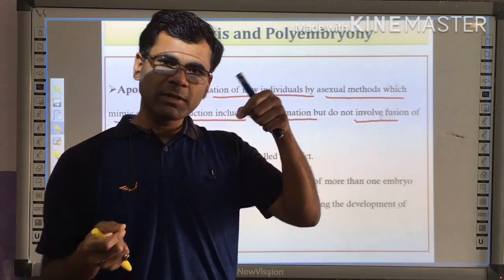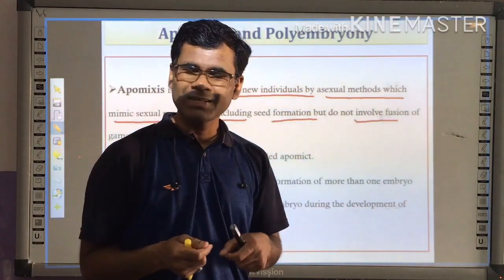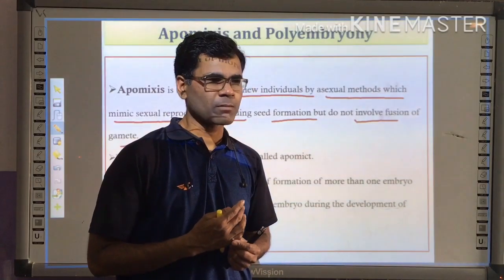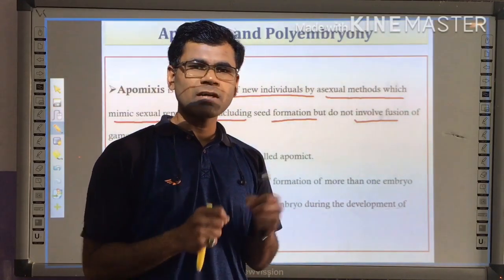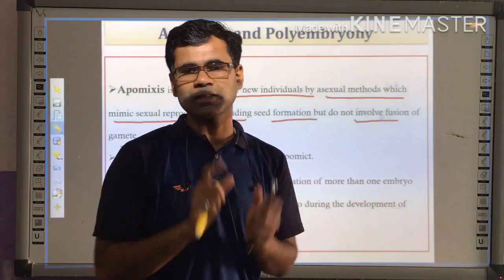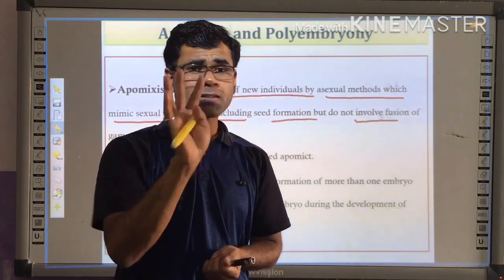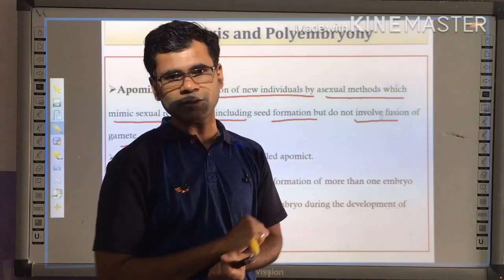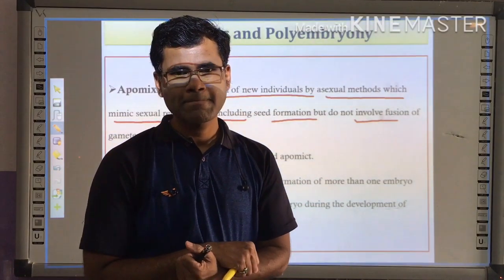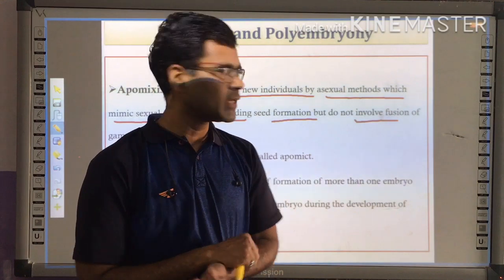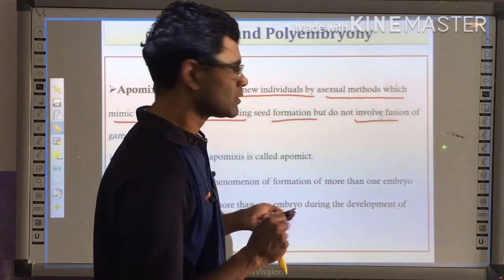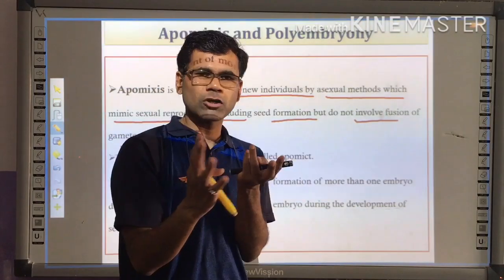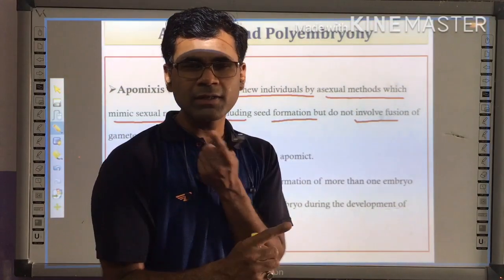Okay, so seed formation takes place in apomixis. It is a very common example in the grasses family. So what are we doing here? We take two haploid cells, which are not gametes, and those two haploid cells are fused artificially. Since these are two different haploid cells, it is not called fertilization.